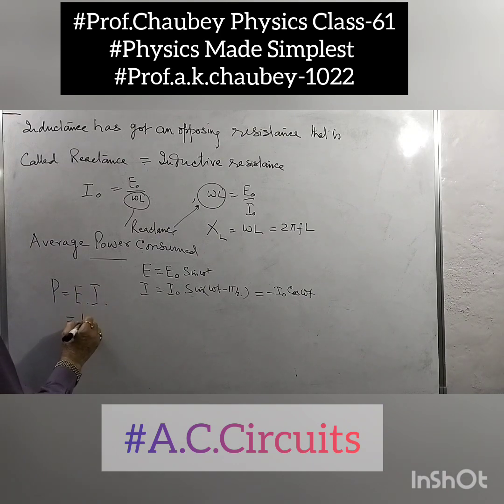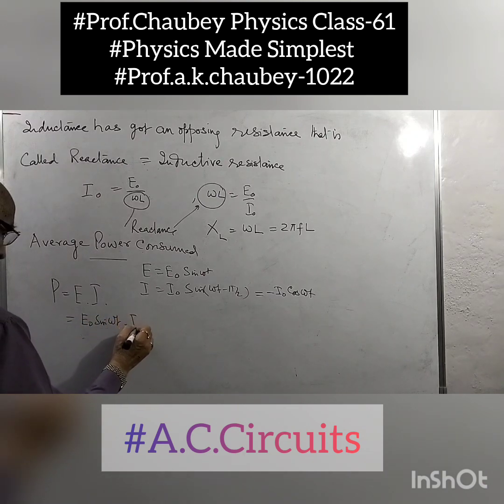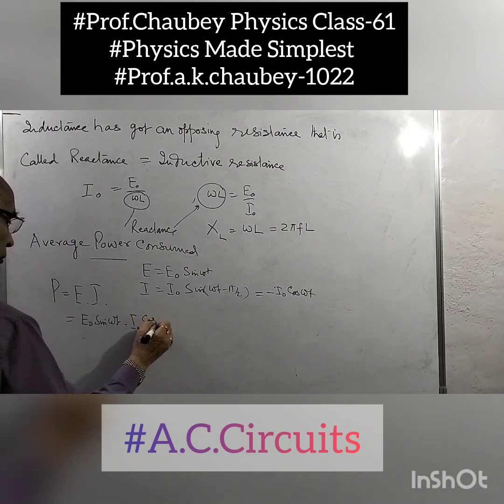So that is E naught sin omega t into I naught cosine omega t, with a minus sign.